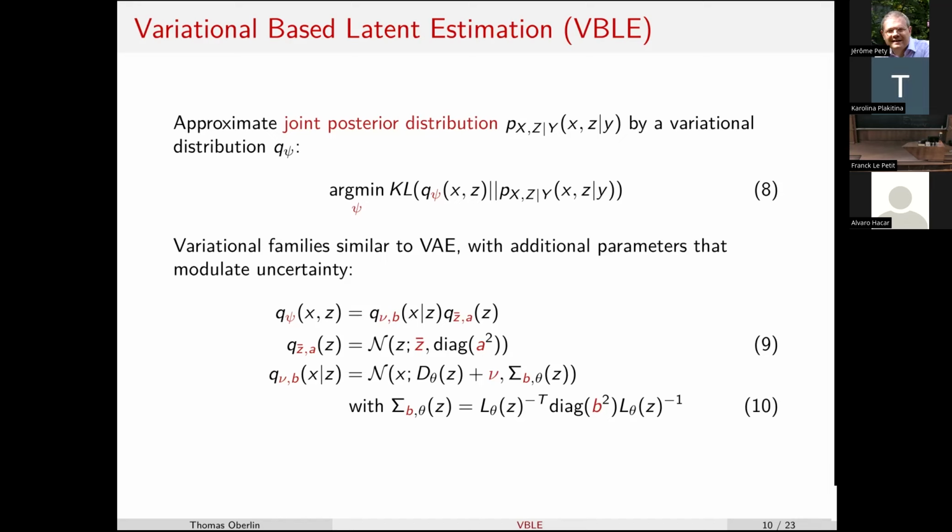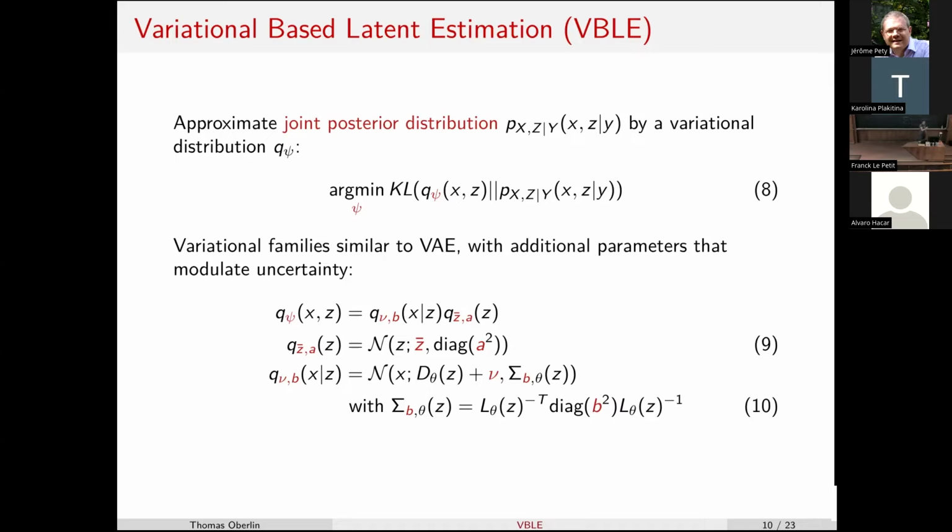And more importantly, we scale the covariance matrix. So if you remove this term, you go back to the covariance matrix of the VAE. So it's something that is fixed, that has already been learned.